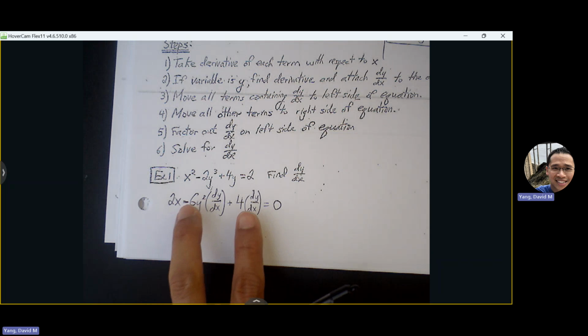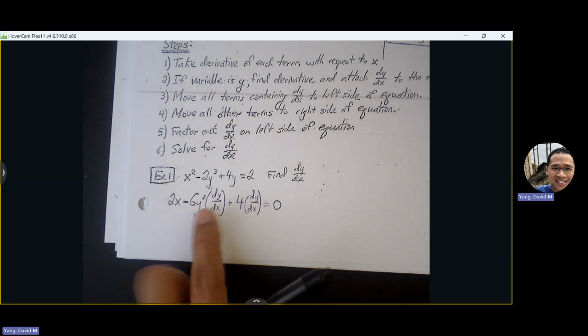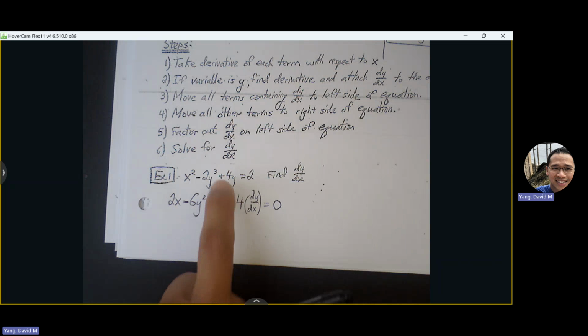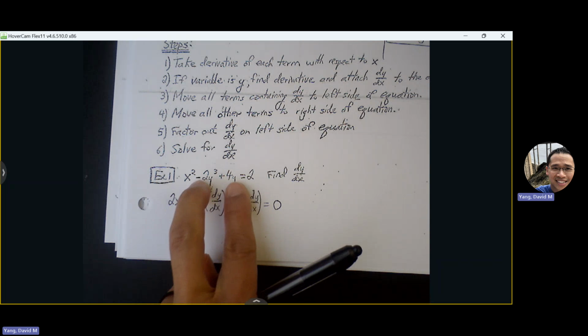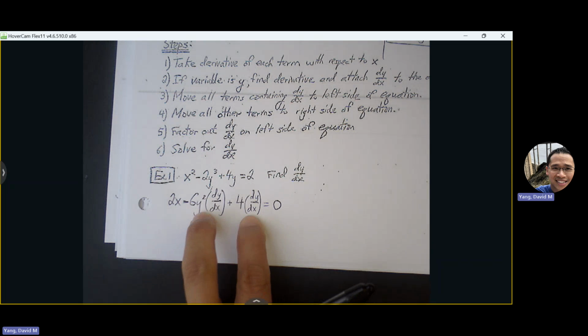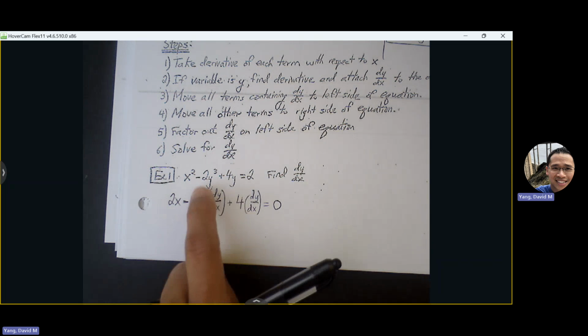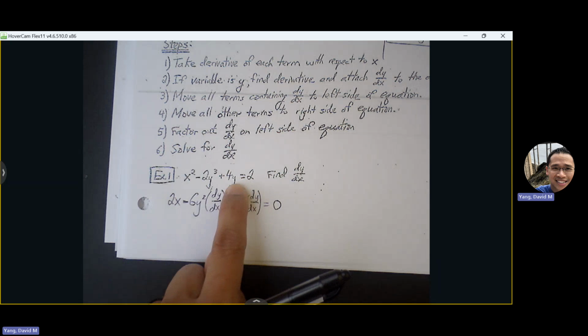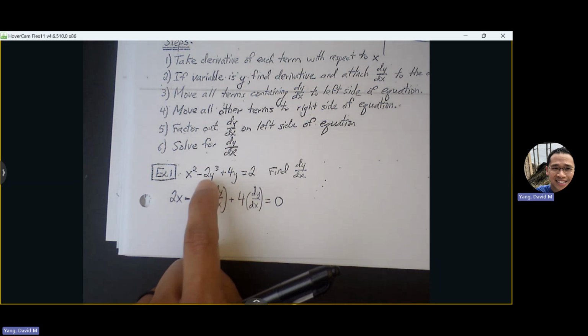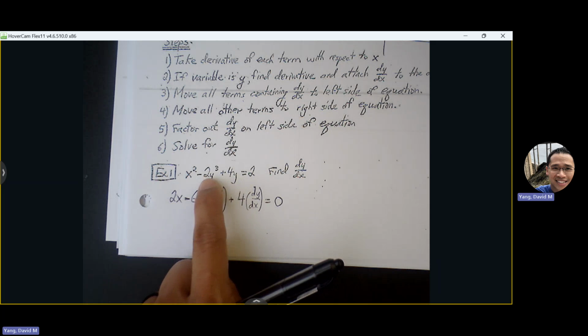Or I see students feel like they only need to include dy dx if there's a y showing up. But it's more like, is there a y to begin with? If there's a y to begin with, then we should be expecting dy dx. Another way that I think may help is if you look at your original equation, count how many instances of y's you see.